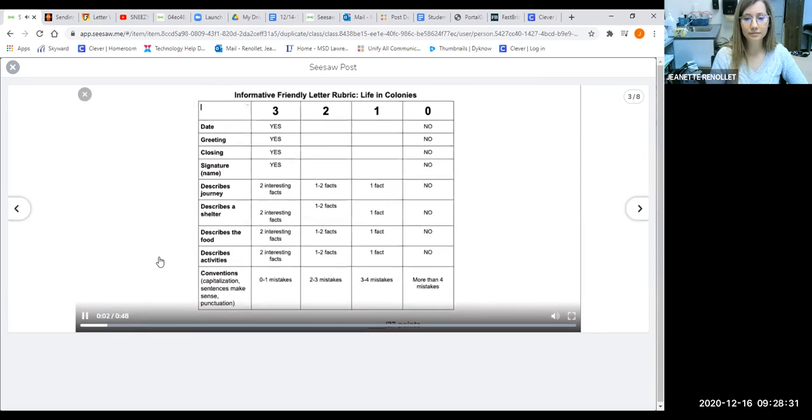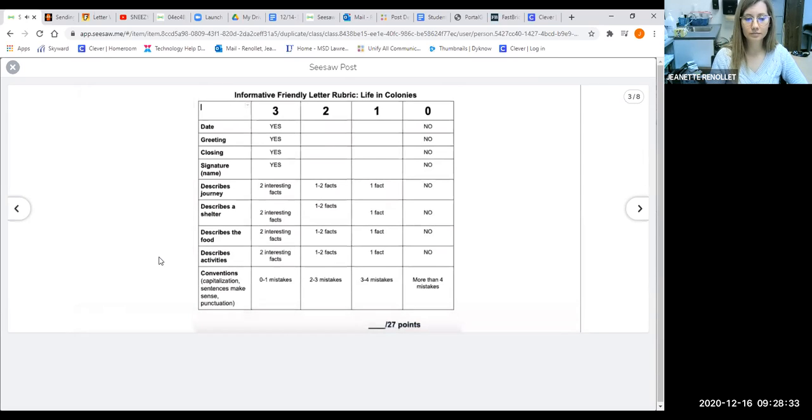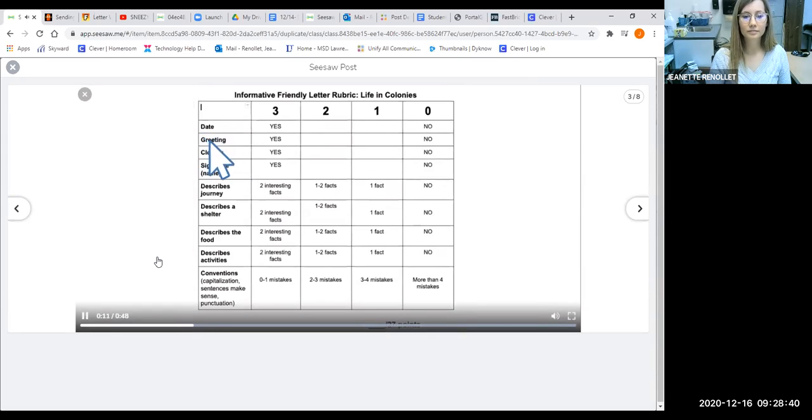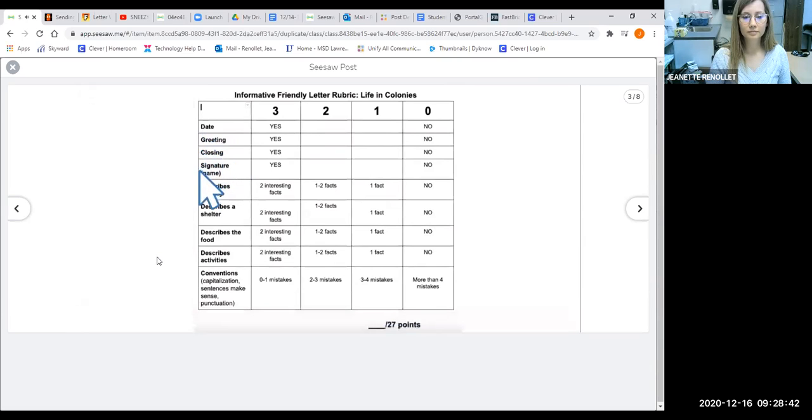Here is the rubric that will be used to grade your friendly letter. You will get points for having the date, the greeting, the closing, and the signature, which is your name. For the body, you will get points if it describes your journey, what it was like on the boat, the shelter that you have created, the food that you eat, and what you do for fun.